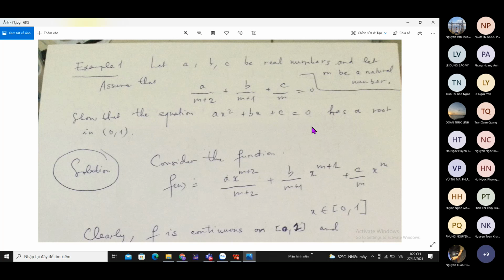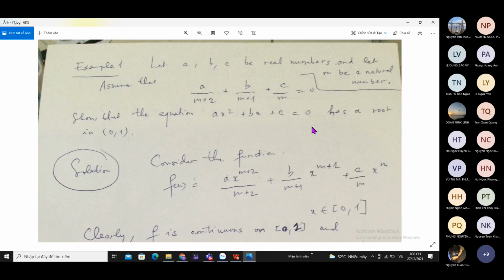We suppose that a, b, c are real numbers and m is a natural number, and suppose that a over (m plus 2) plus b over (m plus 1) plus c over m equals 0. In this case, we can show that the given equation, ax squared plus bx plus c equals 0, has at least one root in the open interval (0, 1). In the previous example, m is just 2010.